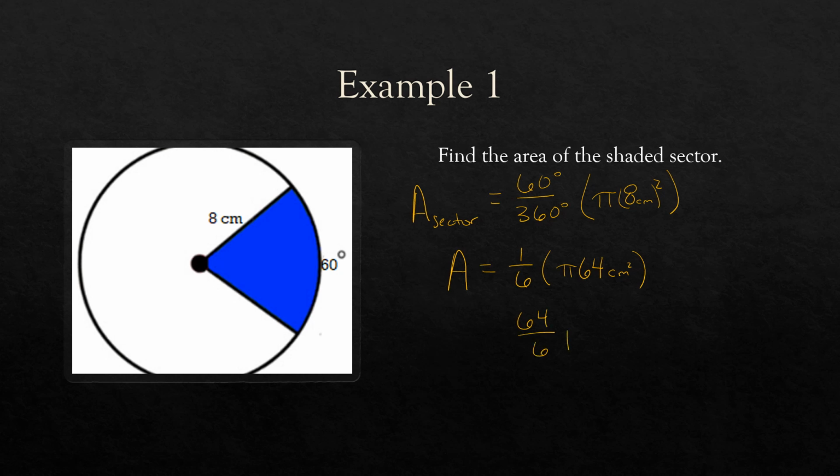I'm going to leave it in terms of pi, and it'll be centimeters squared. This is our area. We can reduce that fraction a little bit to say that it's 32 thirds pi centimeters squared. Now remember, if you needed an exact number, you could divide this out and get a decimal and then multiply it by 3.14, but it is most exact to leave it in a fraction times pi.